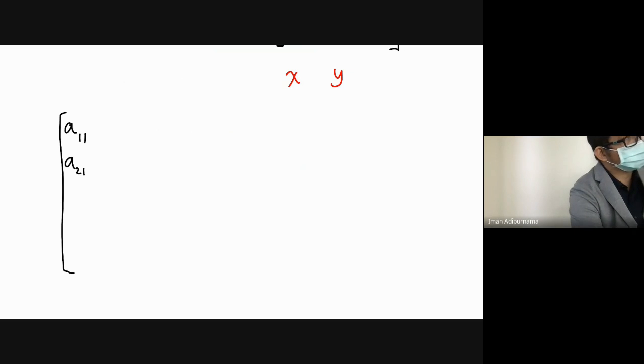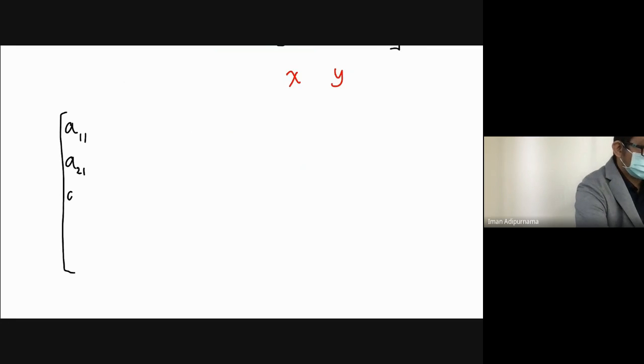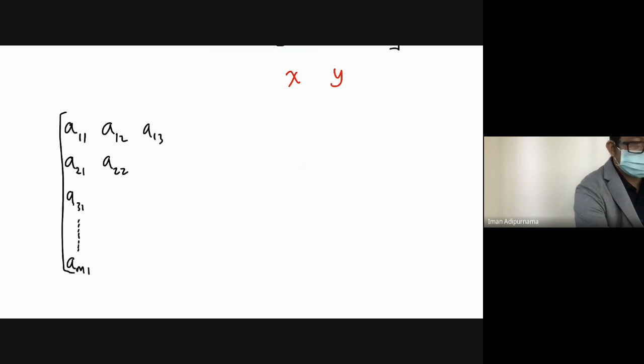These are symbols for its row and column. 3, 1, and so on. This is M1. This is 1, 2, 1, 3, and this will be 1, N.